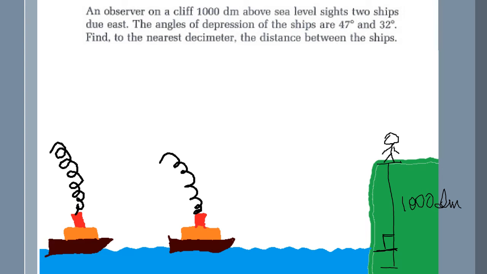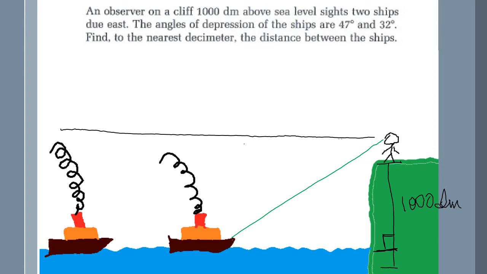Okay, so now, because we're talking about an angle of depression, when we have our sight line here, you're going to have one angle that comes like so and measures like this, and another angle that comes like so and measures like this.